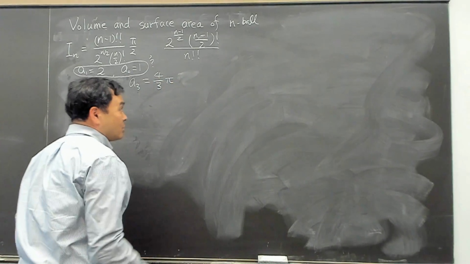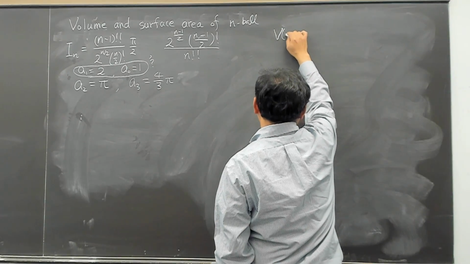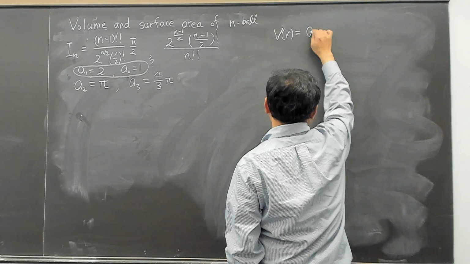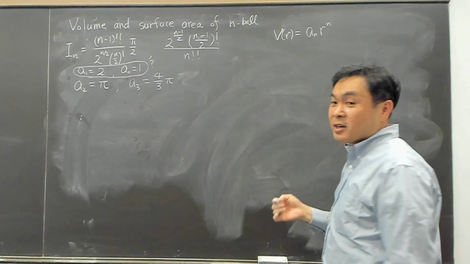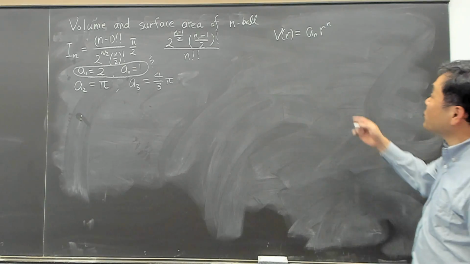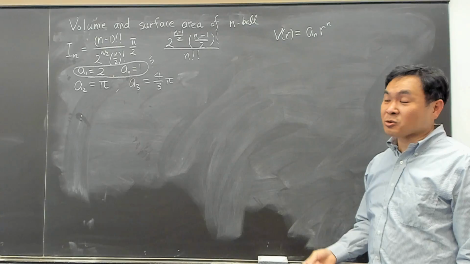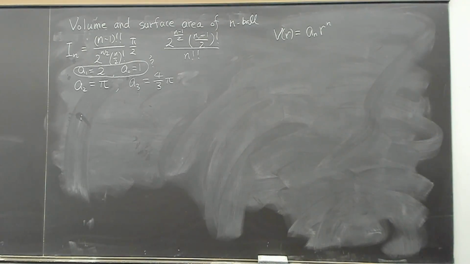So in general, the volume of a radius r ball in dimension n is A sub n r to the n, where A n is really the formula that we're trying to figure out. Okay. If we know A n, then we know the volume of all n-dimensional balls, and then the surface area is simply you differentiate it, so it's not that bad, okay?